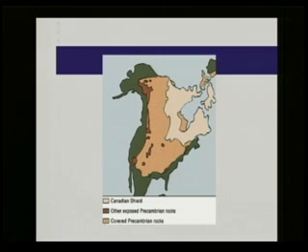Up close and personal with the Canadian shield, it's that light color. The Precambrian rocks that are covered are shown in sort of a peachy color. This would be the platform. Together, the shield and the platform form the craton of North America.